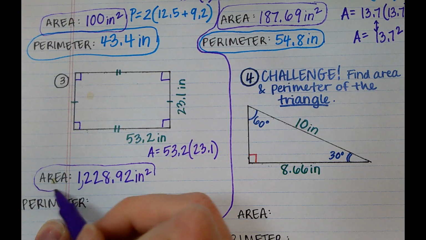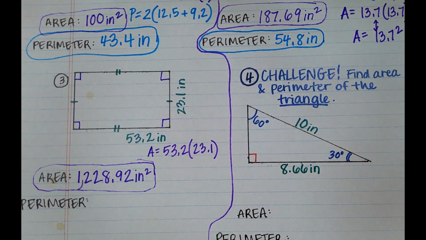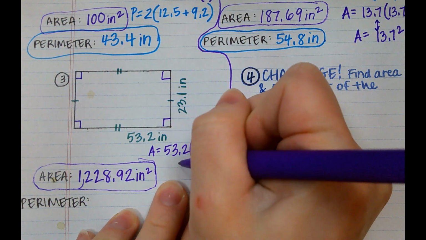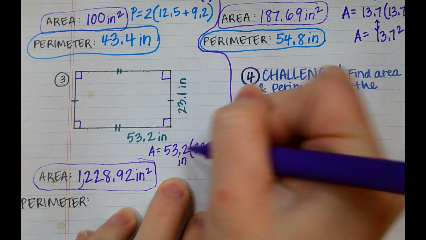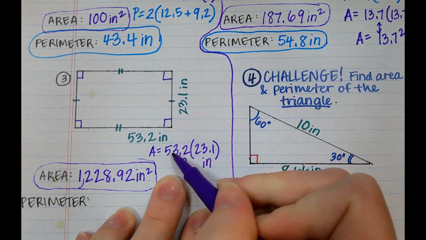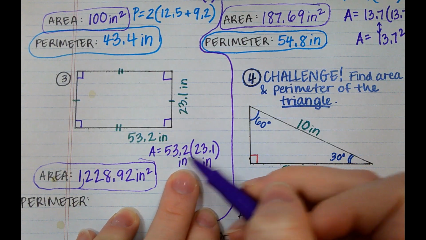How are your answers matching up? Well, I'm wondering, do we get inches squared because we had to square the 53.2 and 23.1 or something? So the reason that we get inches squared is because we have 53.2 inches times another set of inches. We multiply the numbers, but we're also multiplying the units.